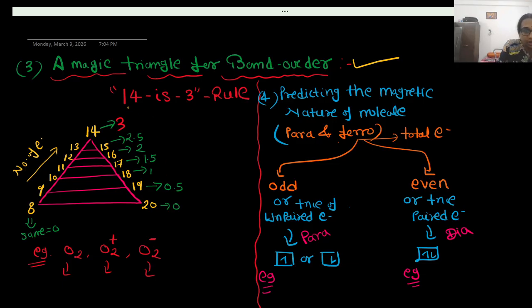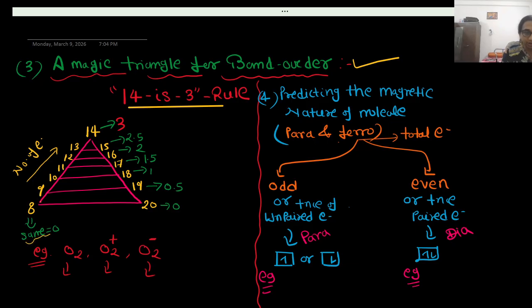Calculate with this rule. The name of the rule is the 14 is 3 rule. Here is a triangle, and this area represents the total number of electrons present in a molecule or atom, right? So starting from before, the bond order will be 0.